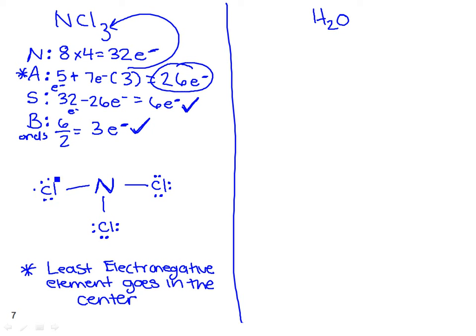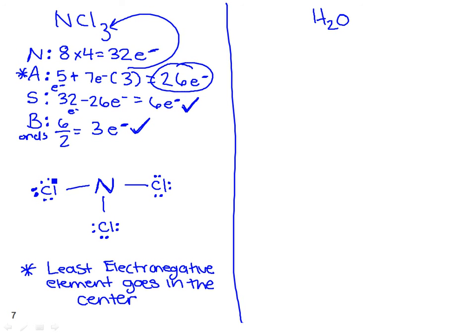So if we count around our chlorines, we have 2, 4, 6, 8. You can do that for the other 2. Now let's add up the electrons represented. We have 2 in this bond, 4, 6, 8, 10, 12, 14, 16, 18, 20, 22, 24. Okay, but we still need 2 electrons.